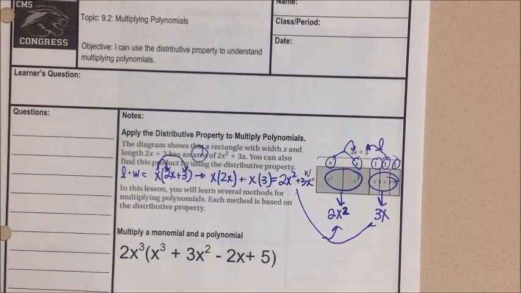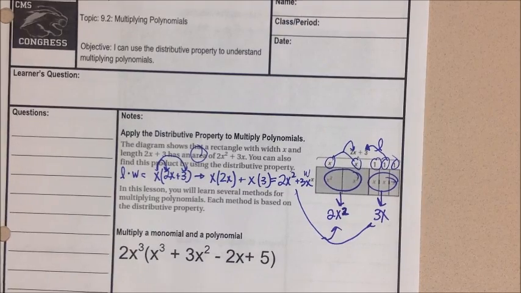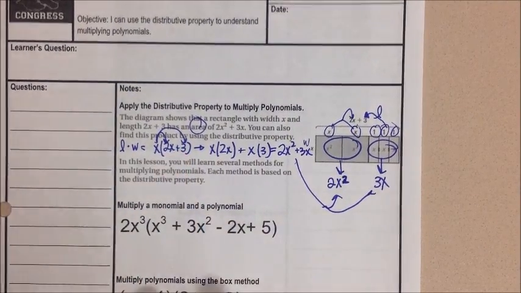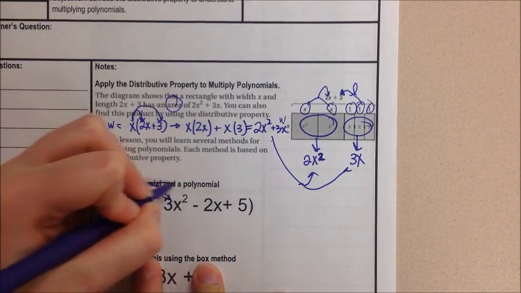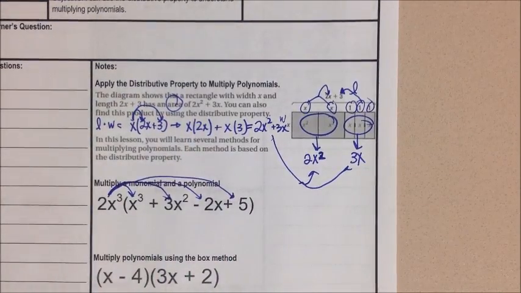Okay, so we're going to learn several methods to multiply polynomials, but each method, like I said, is based on the distributive property. Okay, so you can multiply a monomial and a polynomial just like we just did up here, okay? So if you take this and you distribute this through, okay, just like if there was only 2 terms, you still give it to all 4 terms.